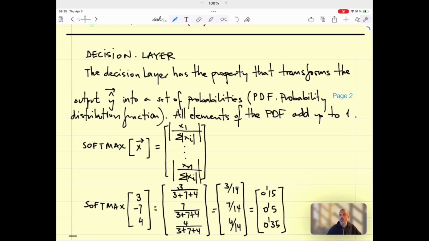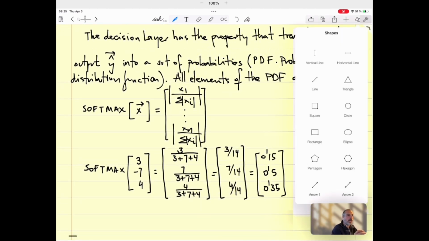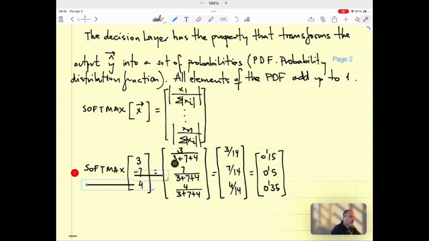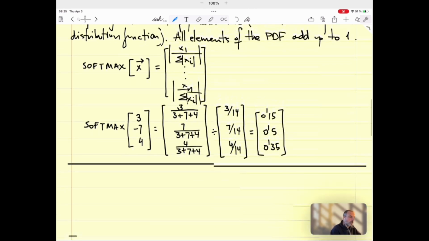All right. So that's our decision layer. That's what we do to decide. Is that cool? Again, just adding numbers, not rocket science, nothing super difficult, okay?